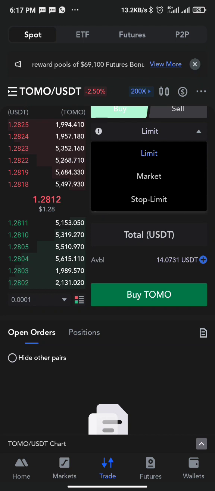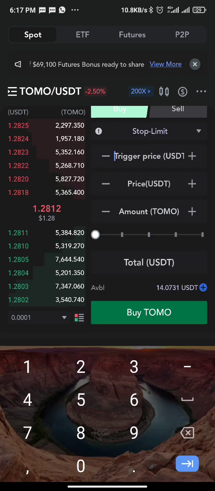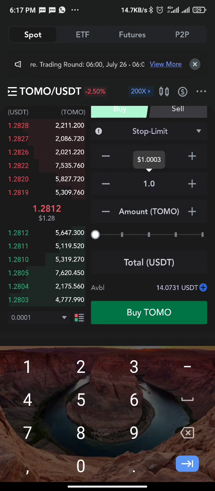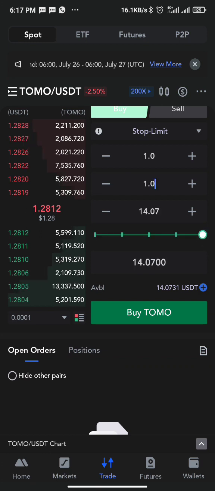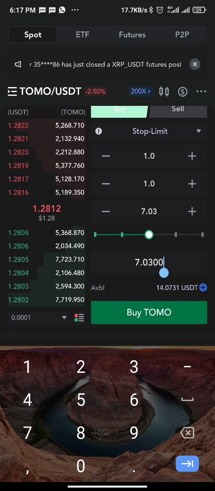And the last one is to use stop limit. Stop limit works like a limit also. So let's assume I want to pend that at 1.0. So just type 1.0. Repeat the same price 1.0, and then maybe I'm using the whole balance 100%. Or just type the amount of USDT you want to use.